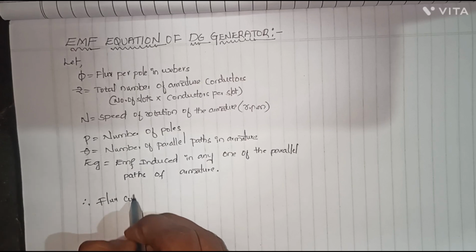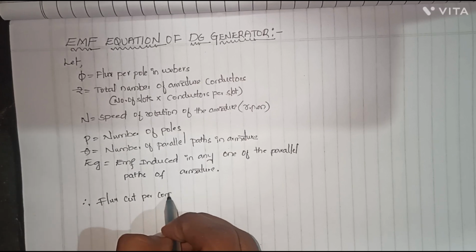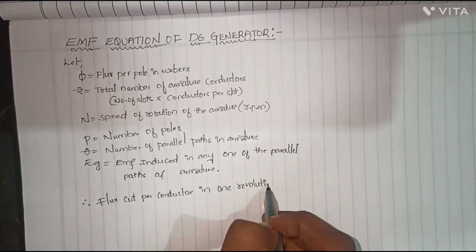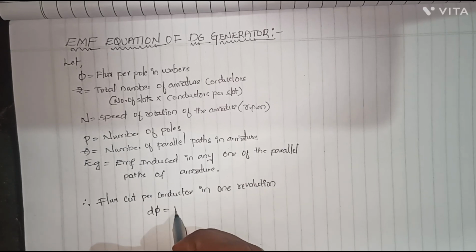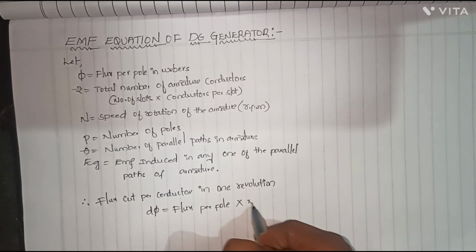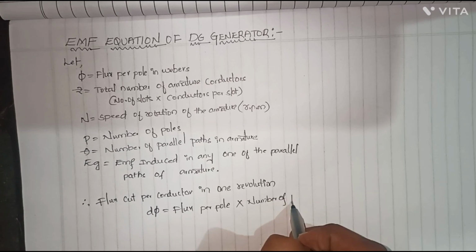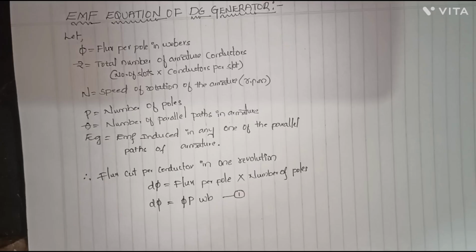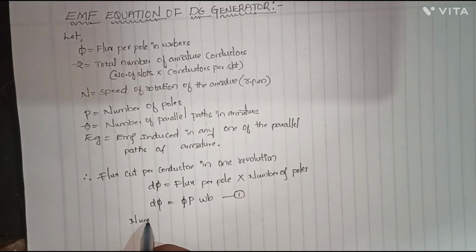Therefore, flux cut per conductor in one revolution: d phi equals flux per pole into number of poles, d phi equals phi into P Webers. Flux per pole is represented with phi.